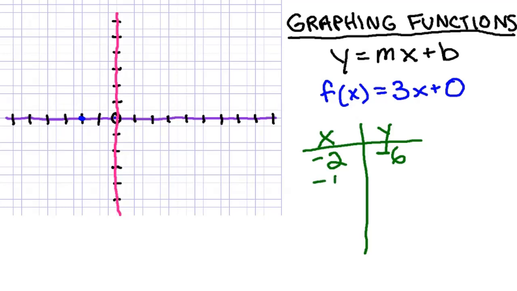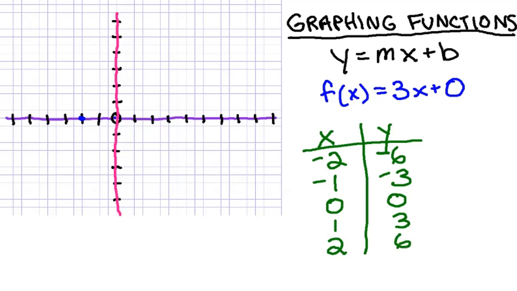If x is negative 1, well, 3 times negative 1 is negative 3, plus 0 is negative 3. If x is 0, then y is 0, because 3 times 0 is 0. If x is 1, then y is 3. And if x is 2, then y is 6.